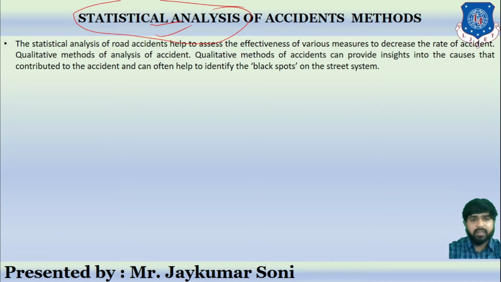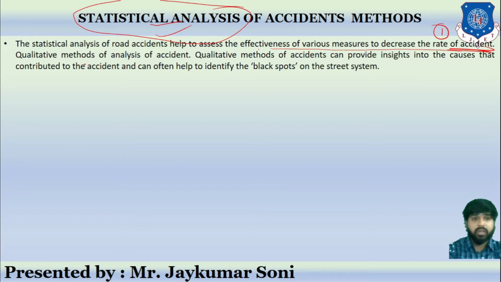The statistical analysis of road accidents helps to assess the effectiveness of various measures to decrease the rate of accidents. So this is the first advantage. If we have 4 to 5 accident reduction measures, but we are not sure which one is the best, then statistical analysis will help us know that.